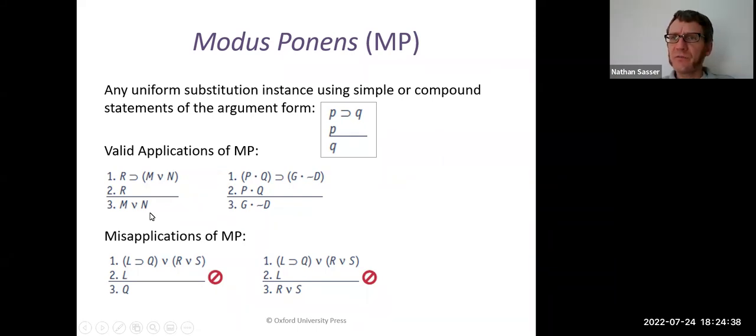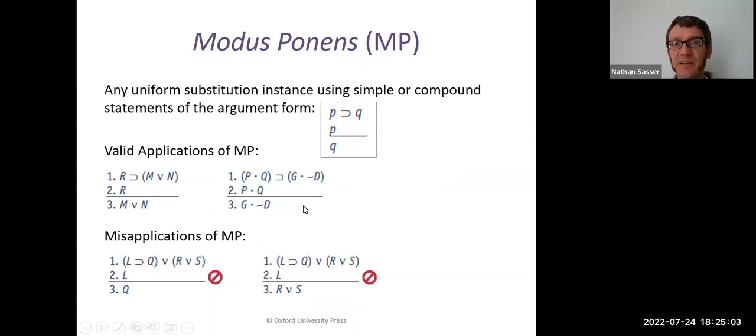Now, I think we've probably seen this before, but maybe not. When you see this line that goes across here, what that means is everything above that line are given premises, and everything below it is the conclusion. So basically, when you see that line, think, therefore, here's what follows from that as an inference.